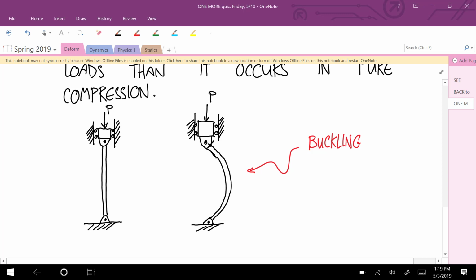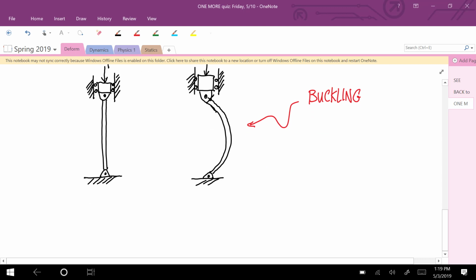So notice though that for this to happen, it will only be a problem when you have long, slender members. If you have a member that's this tall and this wide, it's impossible to make that thing buckle to the side. And so the length and the cross-sectional area are going to be an important part of this.